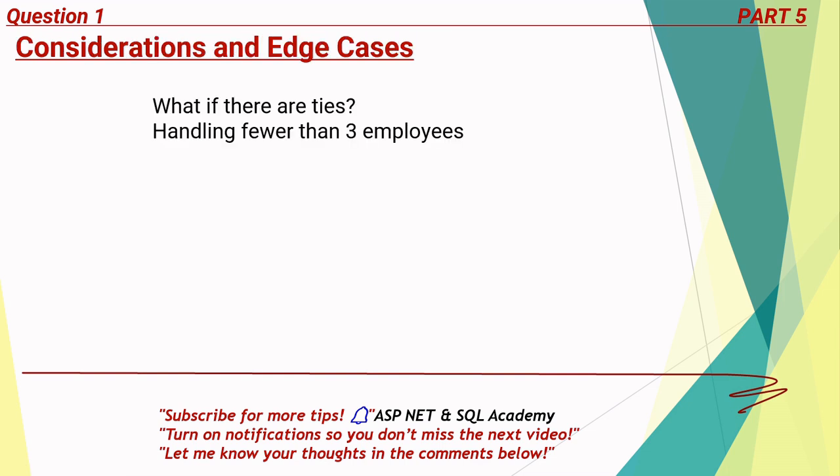When using these methods, consider edge cases. What if there are ties in the salaries? The dense rank function handles ties well, while other methods may need adjustments. Also, ensure your table has at least 3 employees to avoid errors.